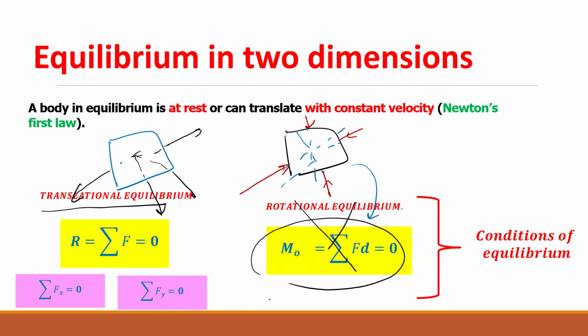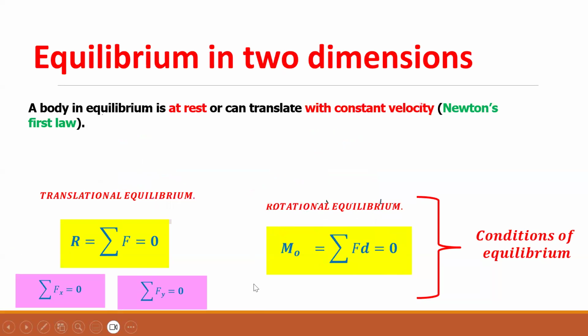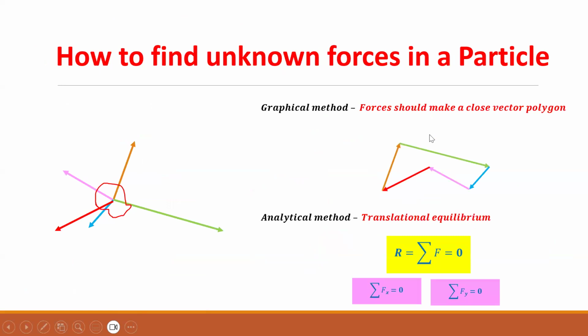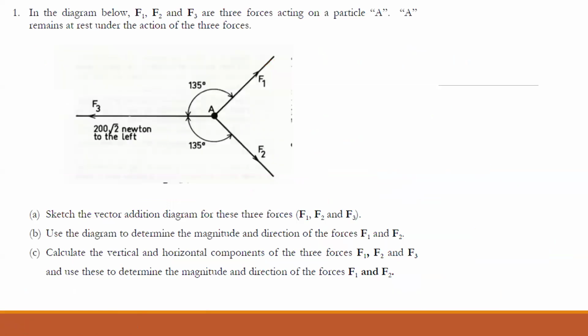It is not needed when everything is going through a single point, because obviously the moment about that point is 0. As I have mentioned, you don't need to remember all this. If all the forces are going through a single point, you can consider it as a particle. So this is a particle model question because all three forces are going through a single point.